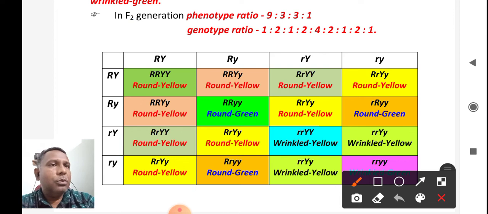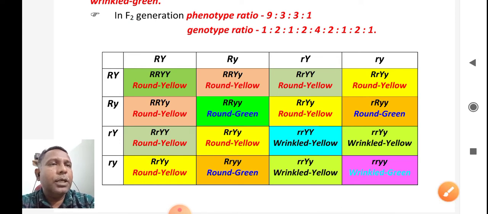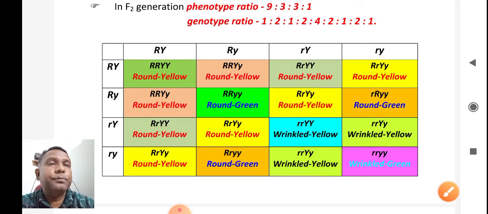Then round yellow, then round green. In the third line, round yellow, wrinkled yellow, wrinkled yellow. And in the fourth line, round yellow, round green, wrinkled yellow, and here wrinkled green.